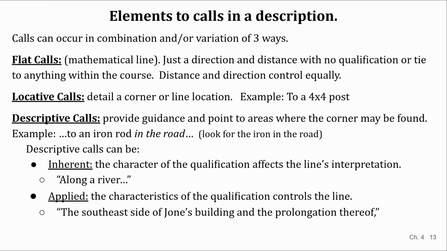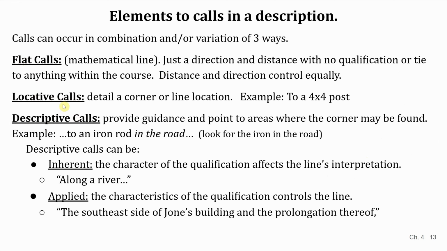I wanted to point out this slide as well. There are 3 kinds of calls in a description. They can be interchangeable. It might include some courses that are flat calls. Some of the courses in the description might be locative. Some might be locative and descriptive.